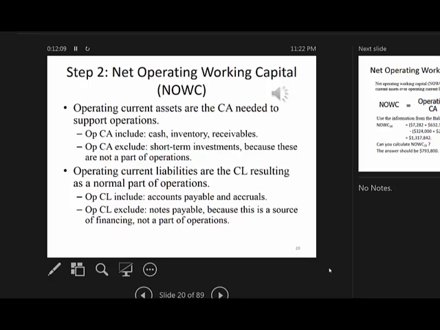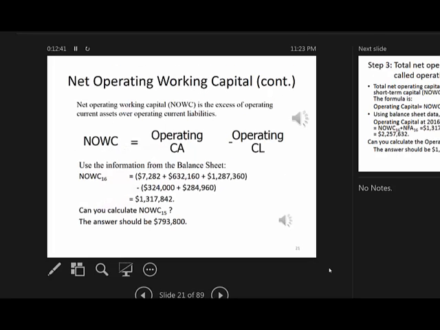Operating current liabilities are the current liabilities resulting as a normal part of operations. So operating current liabilities would include accounts payable and accruals, or say accrued expenses. Notes payable usually are excluded from the operating current liabilities because this is a source of financing, not really a part of operations. The net operating working capital is the difference between the amount of operating current assets and the amount of operating current liabilities.